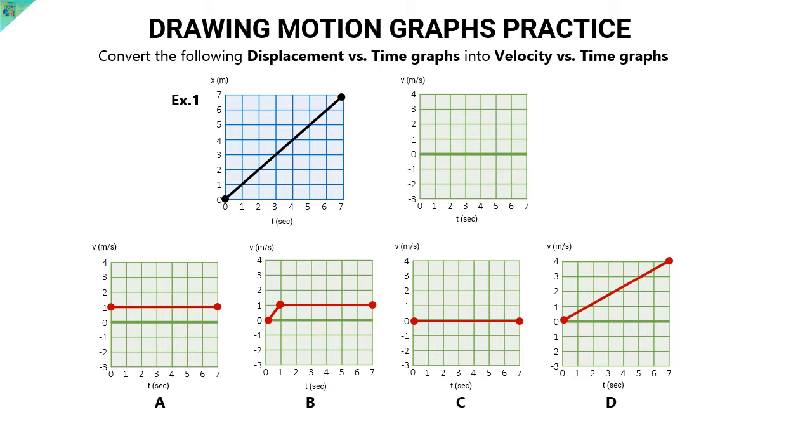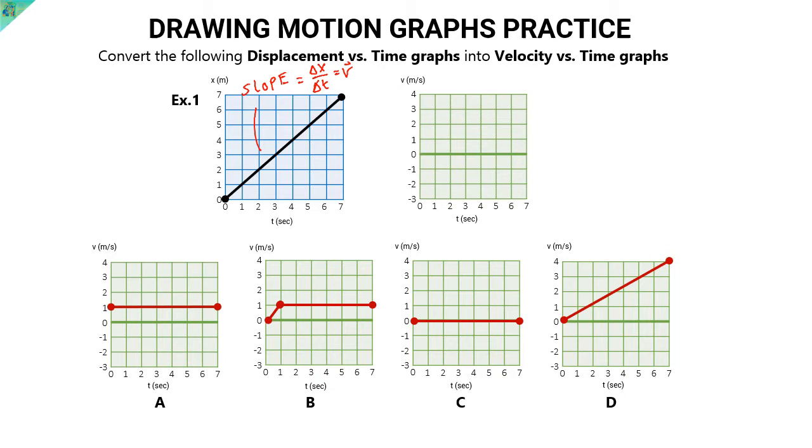And according to our previous discussion also, the slope of a displacement time graph means the rate of change of displacement over time, and that should also be velocity.